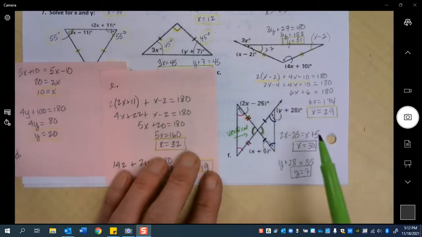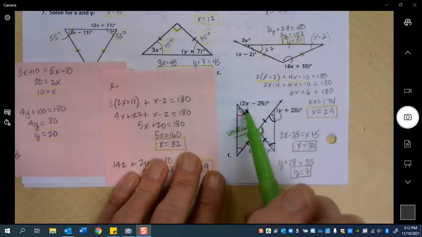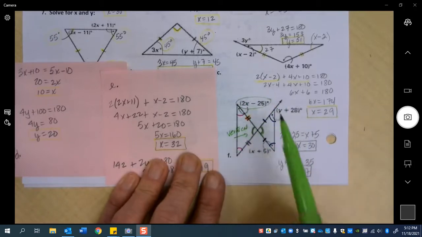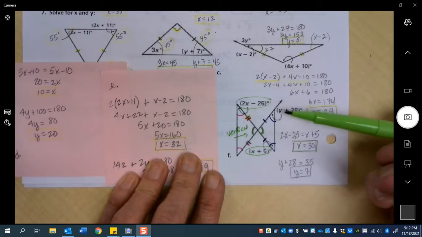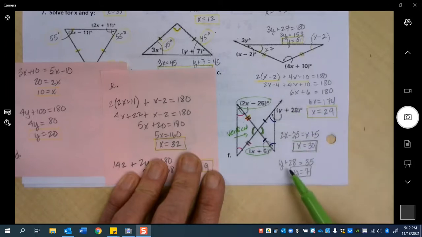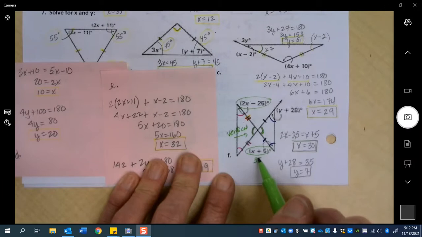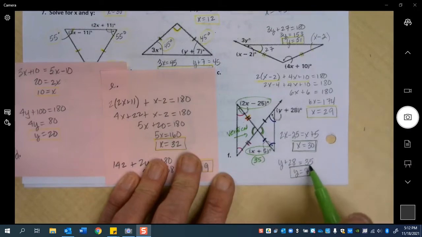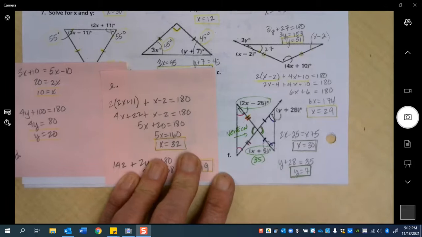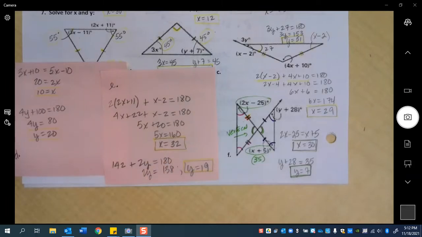So I can go ahead and set this expression with an x in it equal to this expression with an x in it, and then I can solve for x. Because I know these two angles are equal, I can say if x is equal to 30, this angle is equal to 35. So y plus 28 is equal to 35, and that's how I solved for that angle.